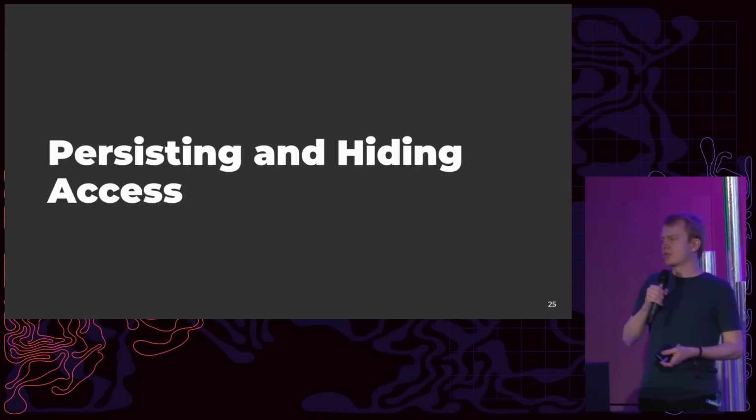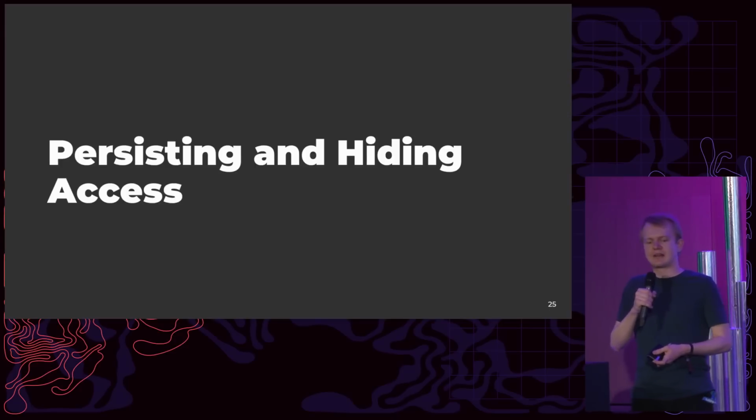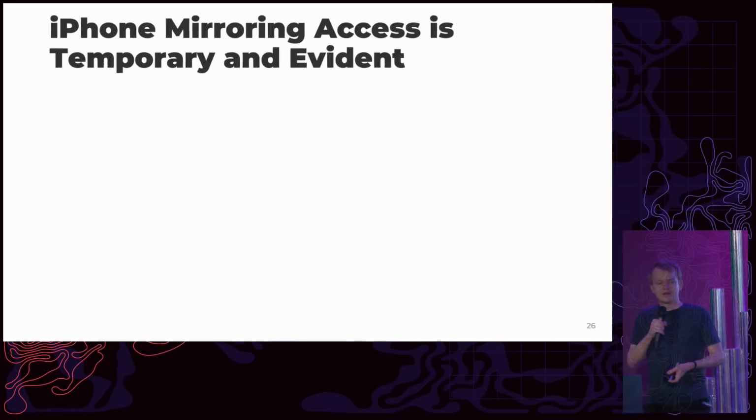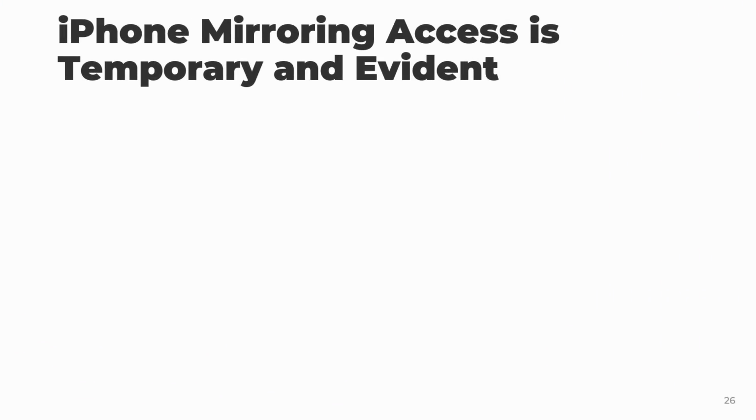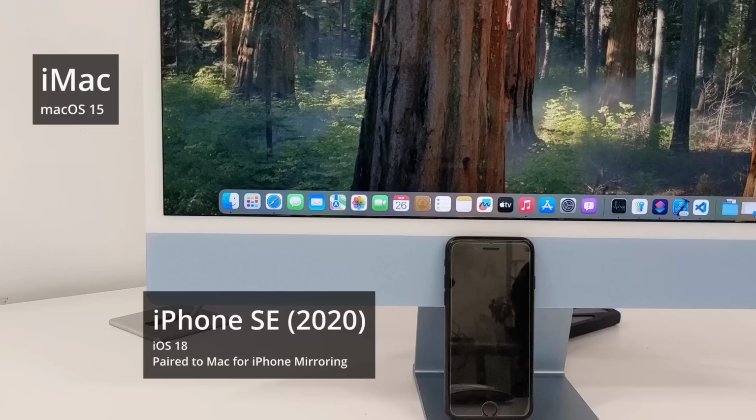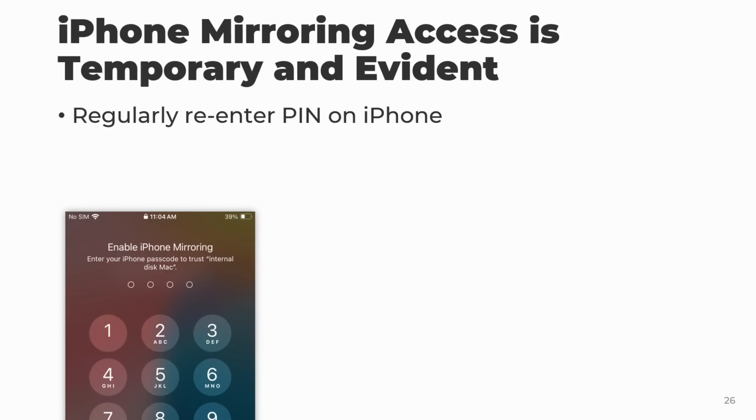Okay, another topic I want to look at is persisting and hiding access. What do I mean by that? iPhone mirroring access is temporary and evident, which I've hopefully already shown you. Just to recap in a few screenshots.